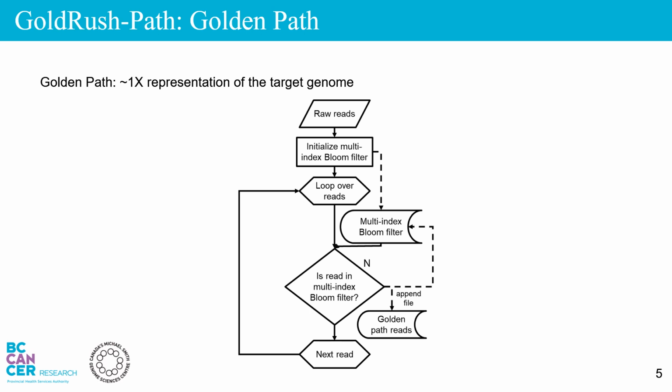If the read is not found, the read is added to the golden path and inserted into the multi-index Bloom filter. If it is found, the read is skipped over and the loop continues. This iteration of reads is how GoldRush achieves a linear time complexity in the number of reads.